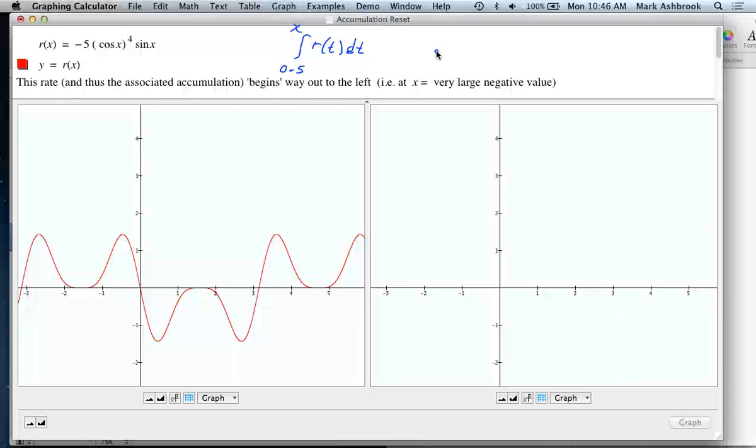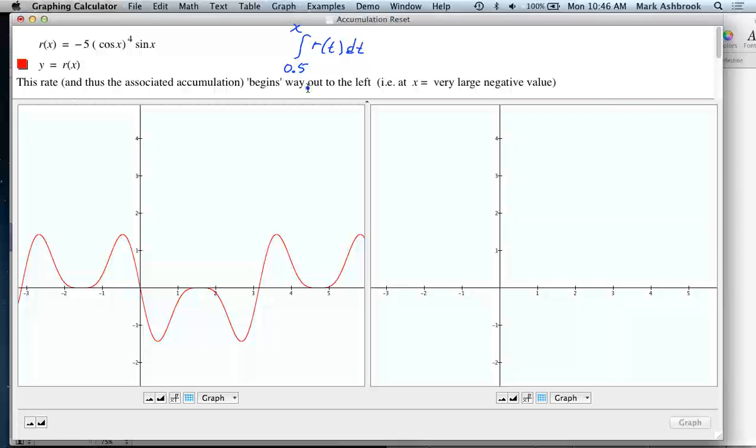How can we make meaning out of this? Is that 0.5? Is that just the point where we start measuring accumulation? Has there been accumulation before that? Yes, there has been before.